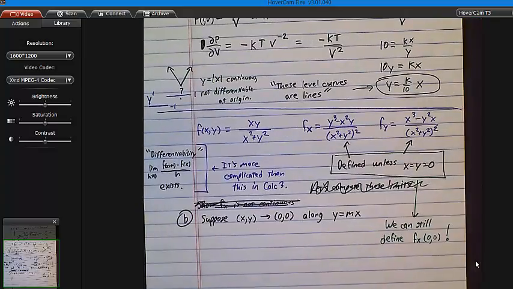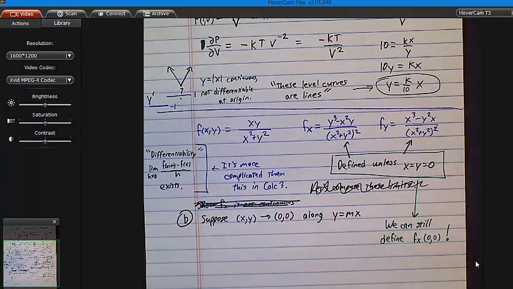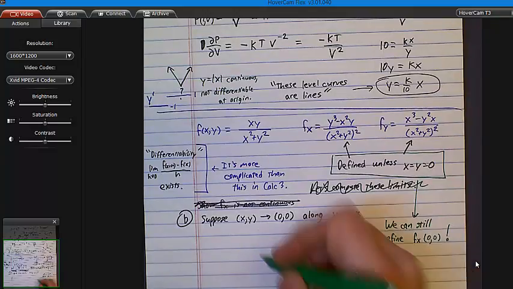That's the point I want to make. In Calc 1, you can't even define the derivative here, right? But you're going to see that we can in Calc 3. How do I do it? Well, this part B thing we'll put on hold.